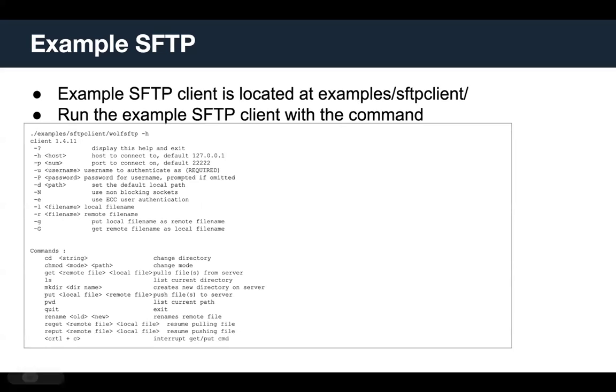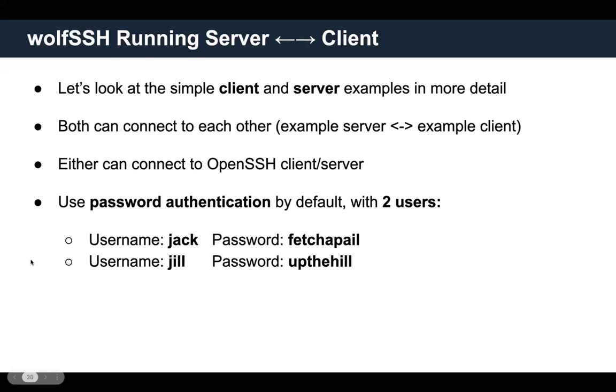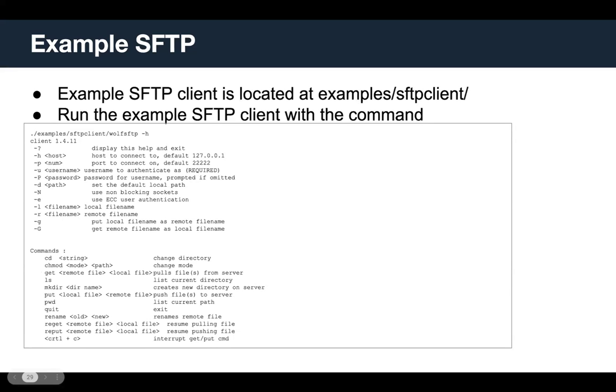So with our example SFTP client, it supports a lot of different standard SFTP commands. All of those commands are listed down here on the bottom, such as cd, chmod, get, ls for listing the directory. In addition to that, it also has what we call a one-shot kind of operation, with this -g and -G.